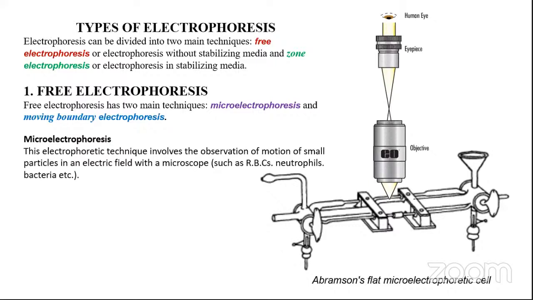Like, for example, the RBCs and bacterial cells are suspended in a peculiar buffer, and then they are subjected to a particular electric field, and in that electric field their migration from one point to the other inside the electrophoretic cell is observed directly under the microscope. So this is essentially done in order to estimate what is referred to as the zeta potential of RBCs.